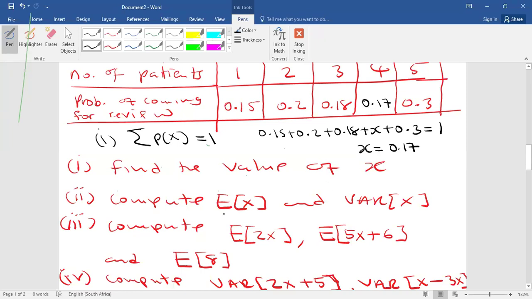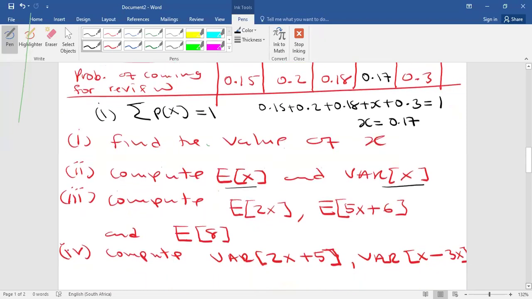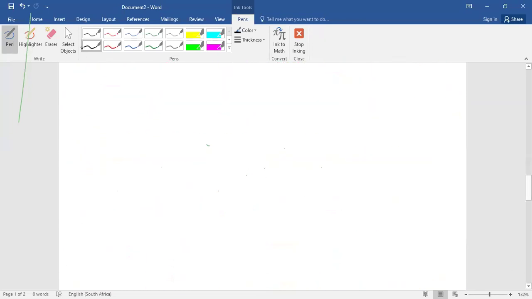Then to find the expected value of x and the variance of x, you rewrite this your table. So we are going to have it written so that our computations are done in a good way. So x, we have 1, 2, 3, 4.